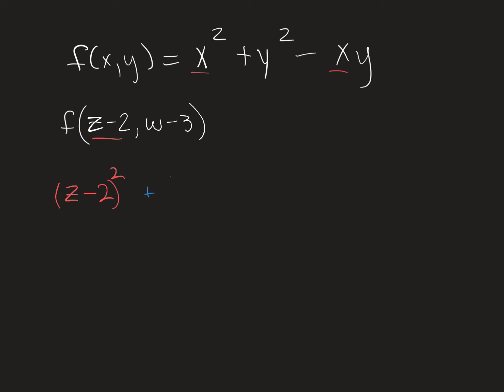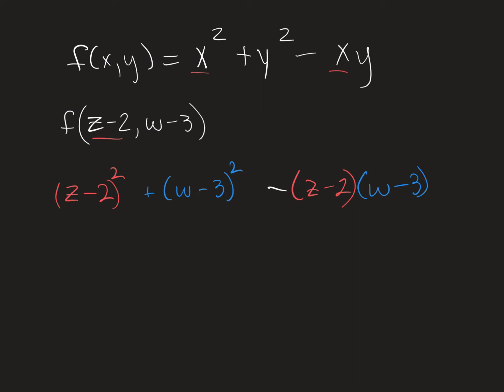Plus w minus 3 squared, minus z minus 2 times w minus 3. All right, so we're FOILing. You can't just square both of those.